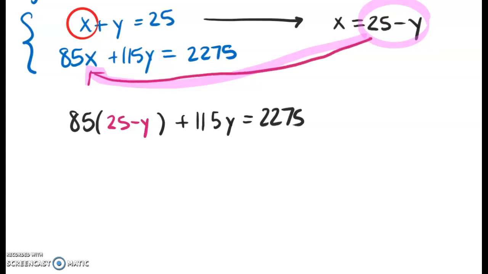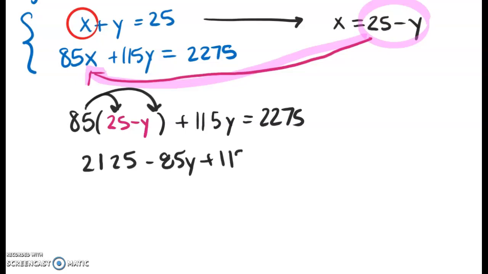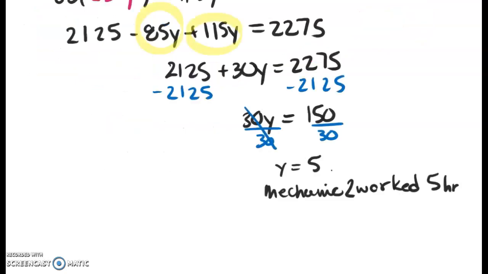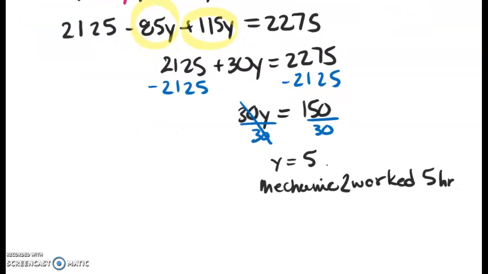And now I have one variable and I can solve for it. So I'm going to distribute out this 85. And so 85, I'm going to do this on my calculator. 85 times 25 gives me 2,125 minus 85y plus 115y equals 2,275. So combining like terms, solving this, so these are my steps here.